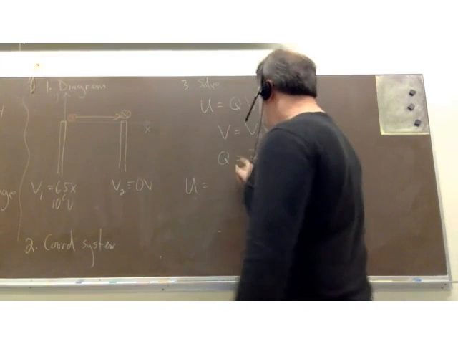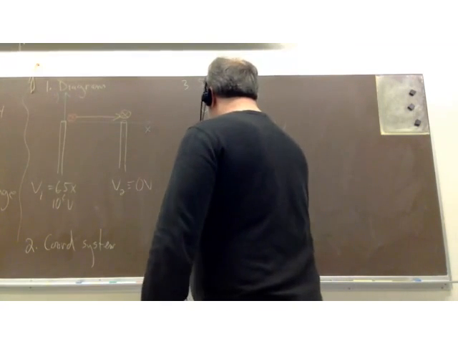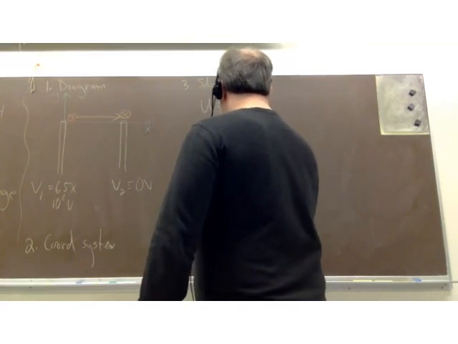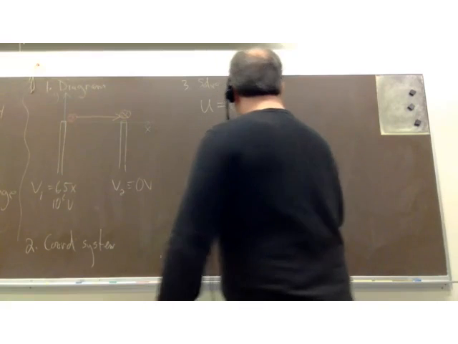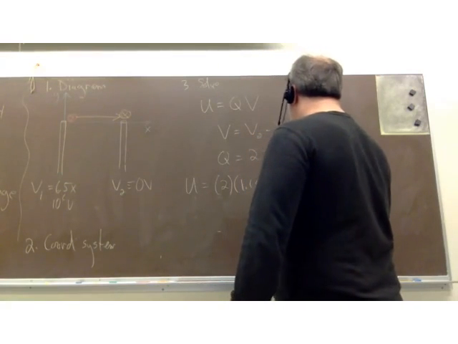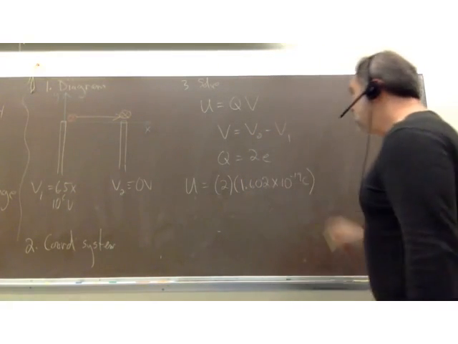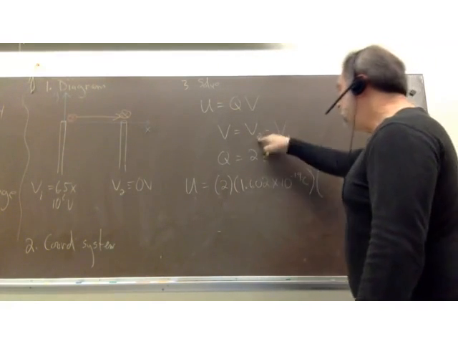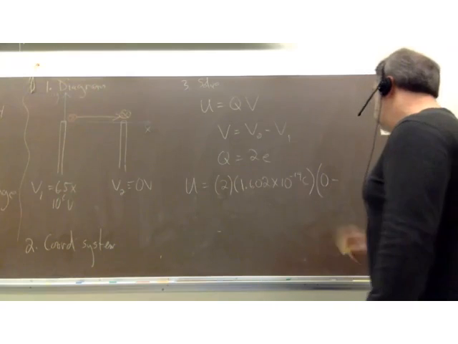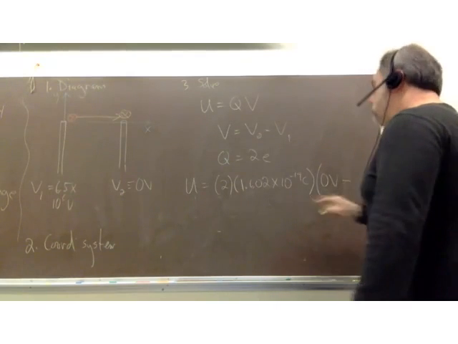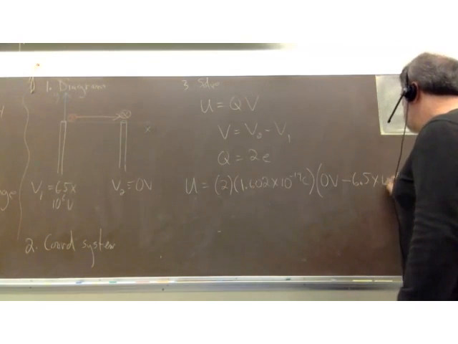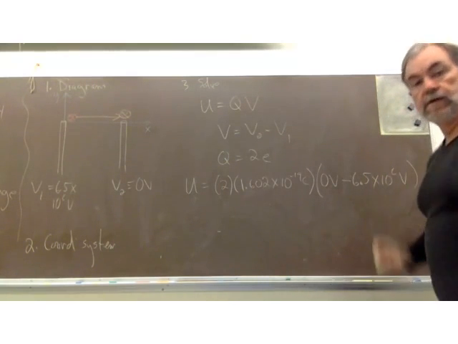Okay, so anyway, Q is 2 times 1.602 times 10 to the minus 19 Coulomb, 1 proton. The potential difference here: the final potential is 0 volts. The initial potential is 6.5 million volts.